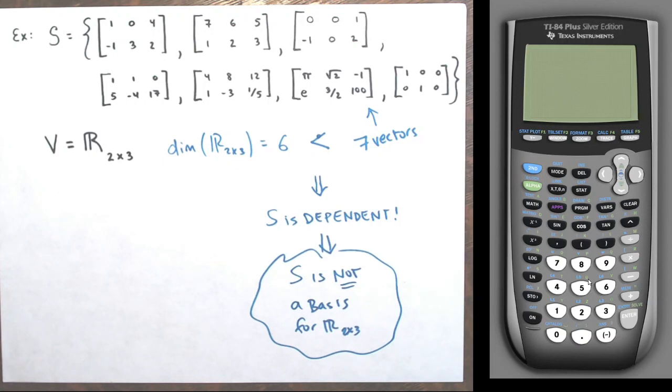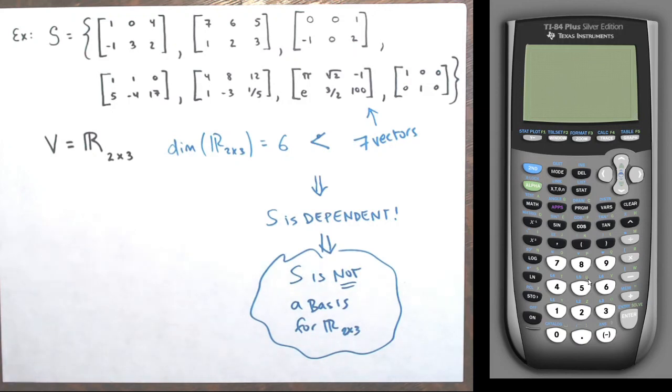Also, the dimension of a vector space is the number of vectors in a basis for that vector space. We saw some examples of some special vector spaces and their dimensions. The polynomials of degree n or less had dimension n plus 1. R m by n, the set of m by n matrices, had dimension m times n. Euclidean space, Rn, had dimension n.